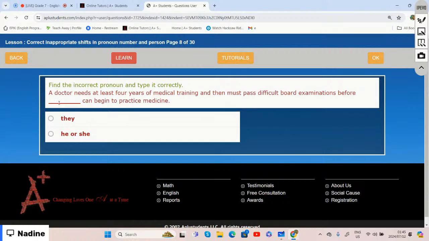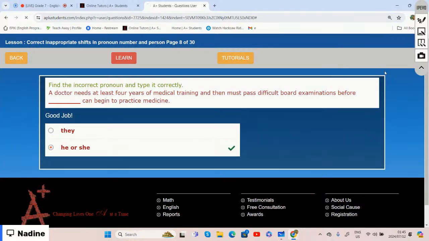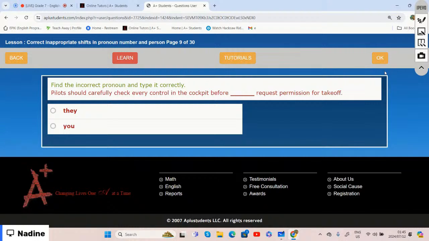All right, and if we refer to one doctor, then we can say he or she. So a doctor needs to have at least 4 years of medical training and then must pass difficult board exams before he or she can begin to practice medicine. So he or she is correct because we are referring to either male or female.